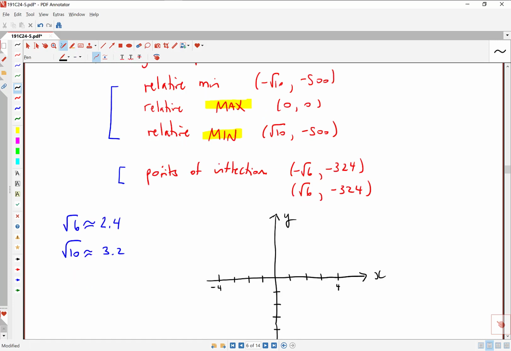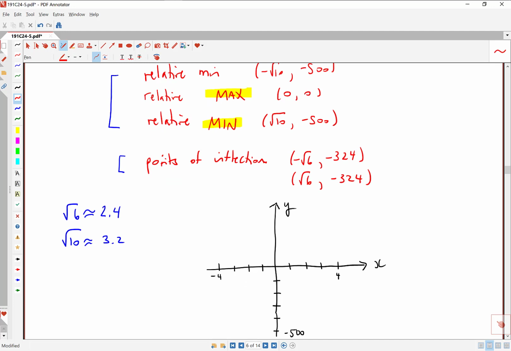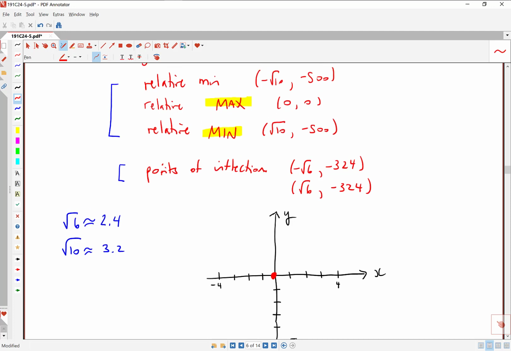So let's start to plot some of these points then. Just scanning through our list of points, the origin was our y-intercept. That also happens to be one of our relative maximum points. We've got a couple of relative minimum points, and they happen when x is about 3 and negative 3.